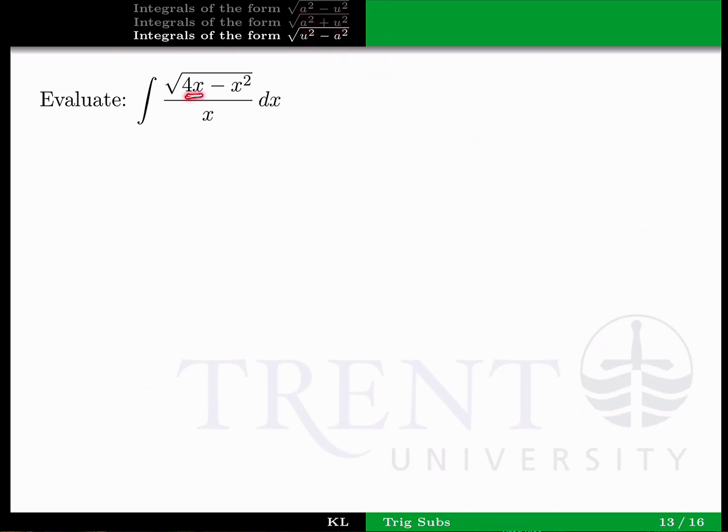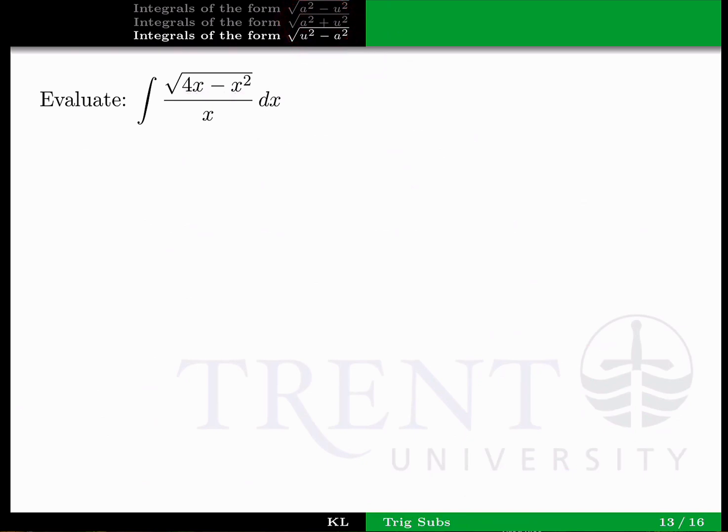But what we have here is something in terms of a function minus a function, which means we cannot directly apply this form yet.